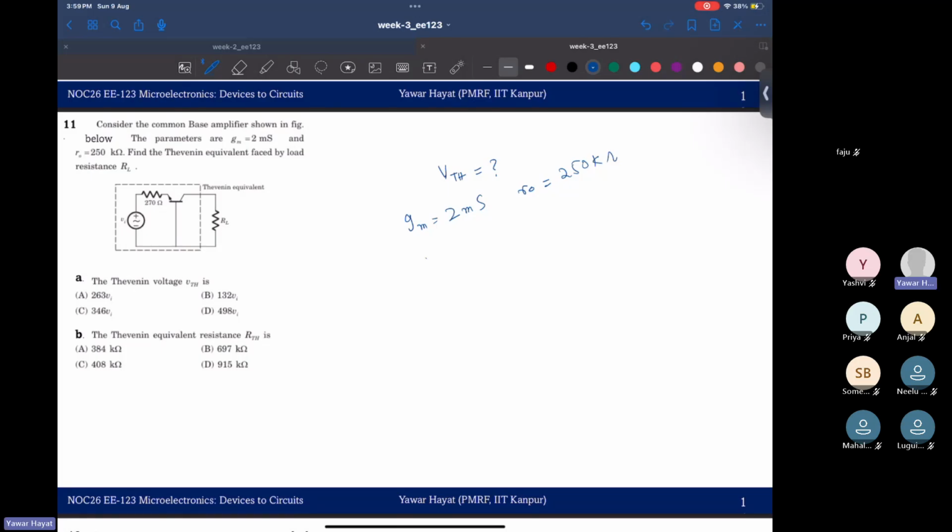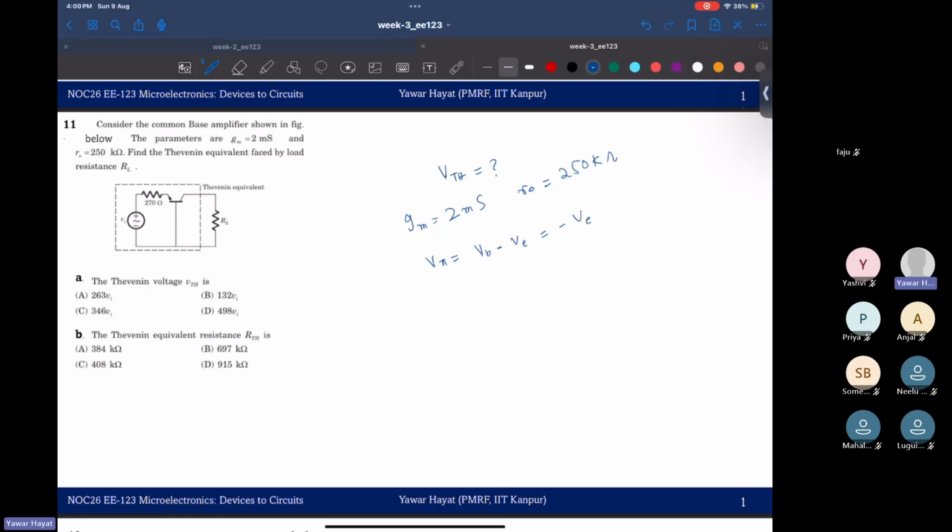V pi would be VB minus VE, right? And your base is at AC ground, right? So it's effectively minus VE, right?